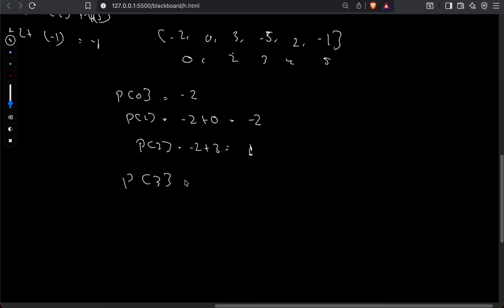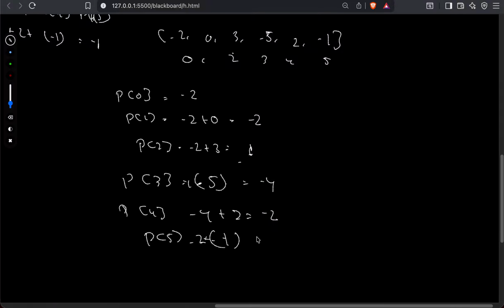Prefix of 3 is 1 plus negative 5, negative 4. Prefix of 4 is negative 4 plus 2, negative 2. Prefix of 5 is negative 2 minus negative 1, so the answer is negative 3. So the prefix array is negative 2, negative 2, 1, negative 4, negative 2 and negative 3.